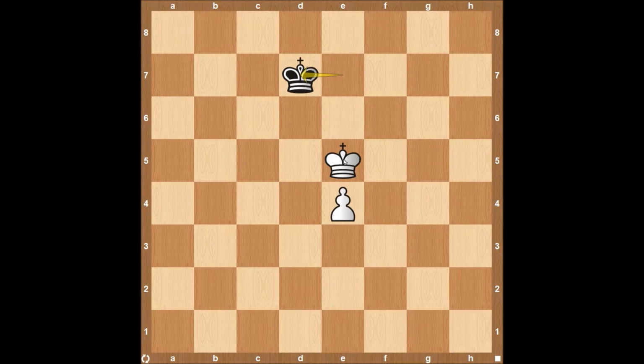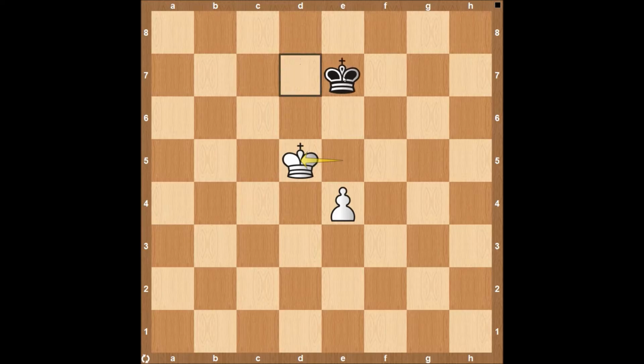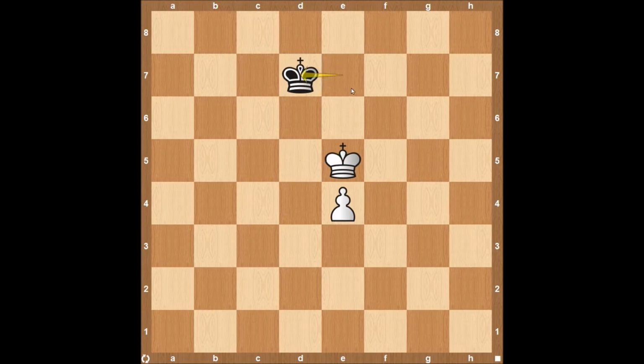Okay, well, you can see now we can outflank black. Yes, we can play king d5 here, and if they were to come back to e5, we're essentially just waiting for them to come to d7. And once they come to d7, it allows us now to play king f6. We're now starting to outflank our opponent, and there's no way for them to stop it.